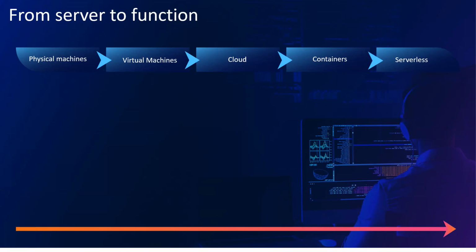Then came virtual machines that abstracted the physical machine and said, hey, you know what? Don't worry about the hardware as much. Just focus on the VM instances, and you're all good. But now we have cloud as well. With cloud, it's like, don't even worry about virtualization software, hypervisor, none of those.